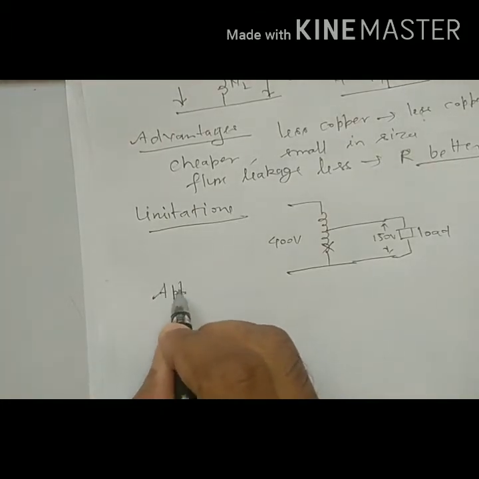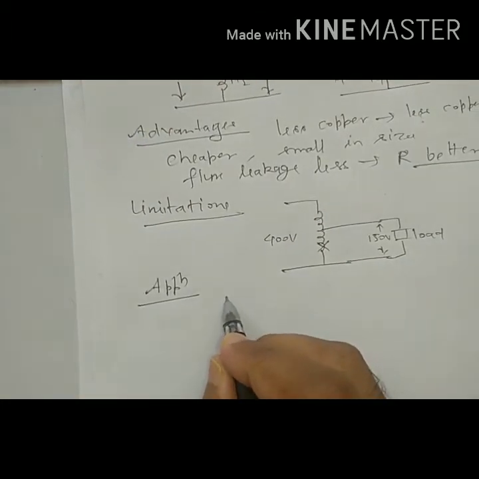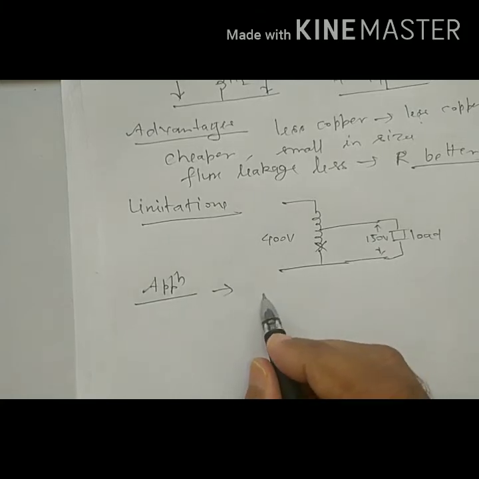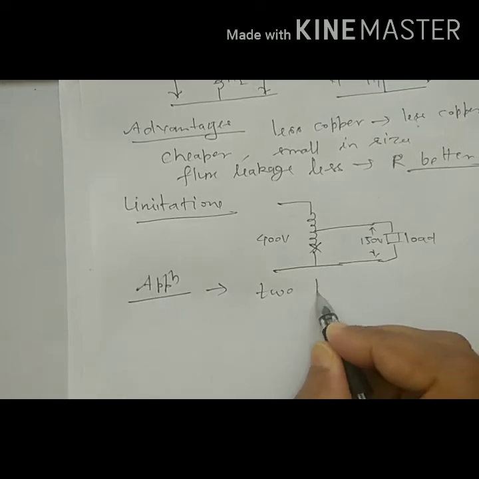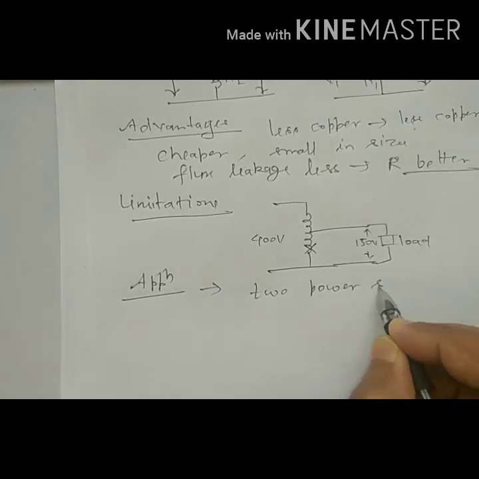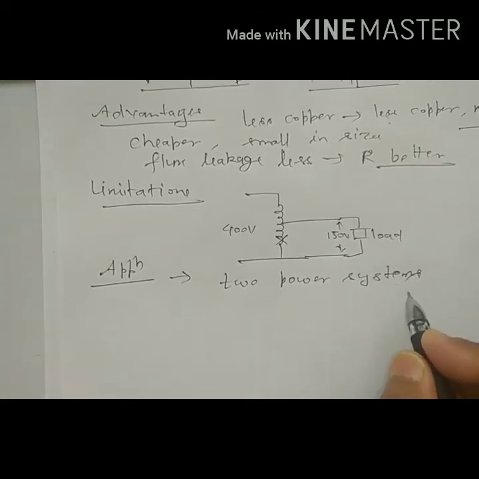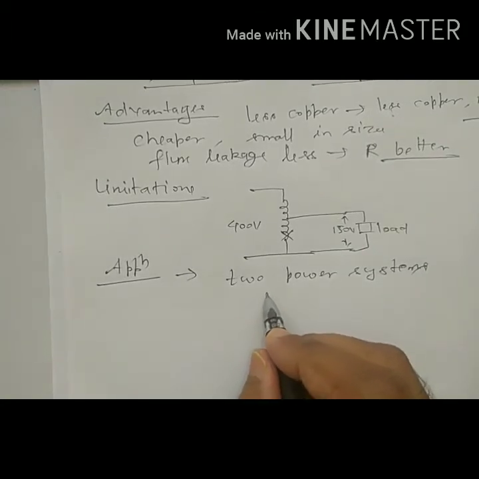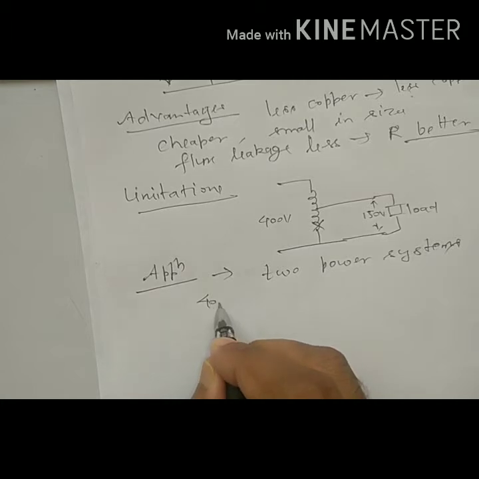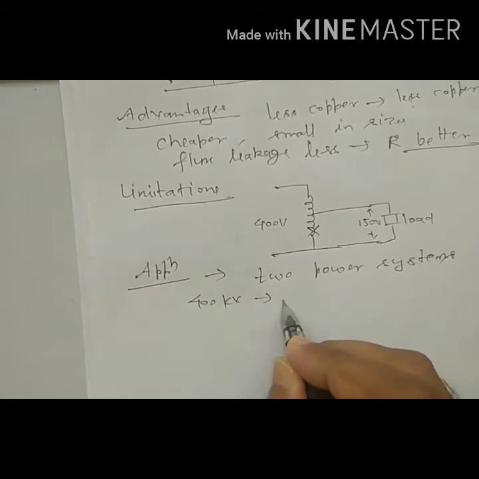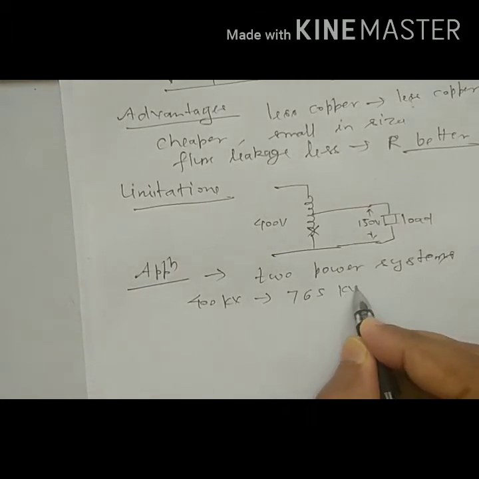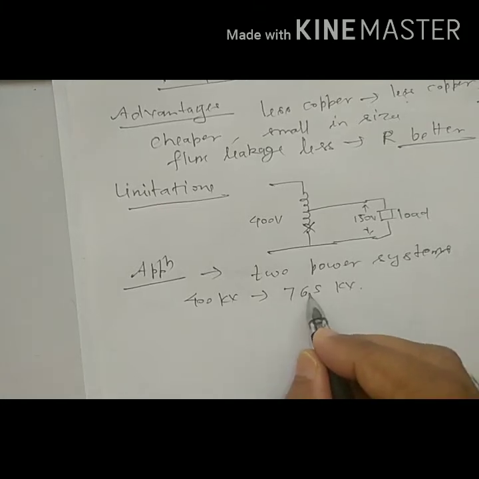Then coming to applications, what are the applications? The very first application, it is used to connect two power systems of different voltage levels. Example, say a 400 kV line is connected with a 765 kV line.